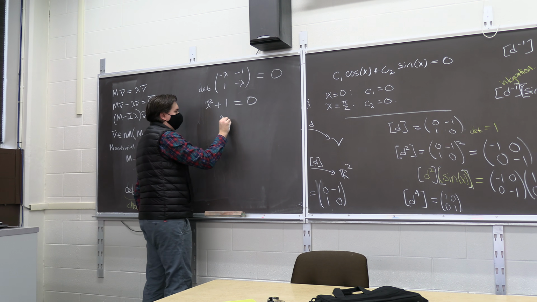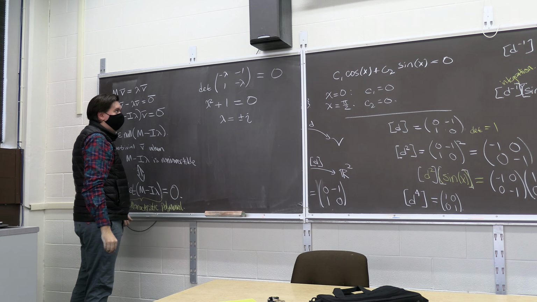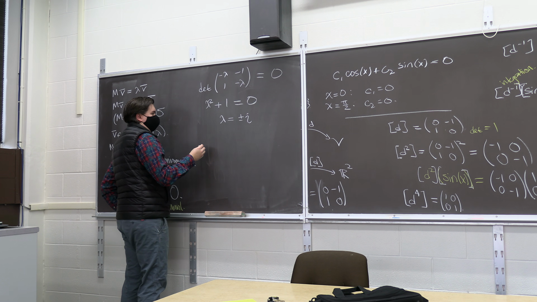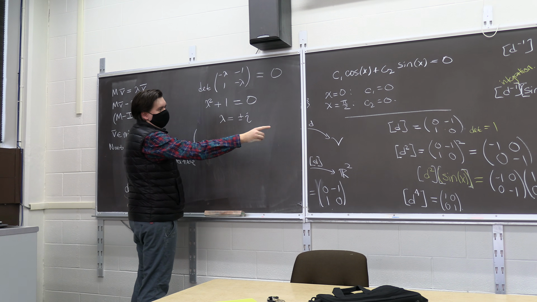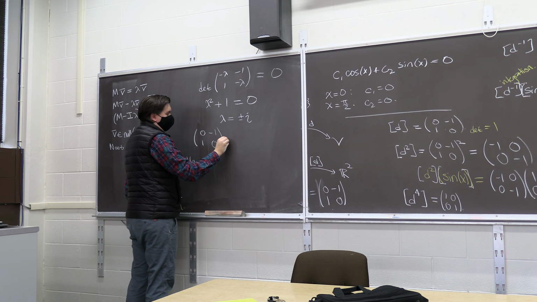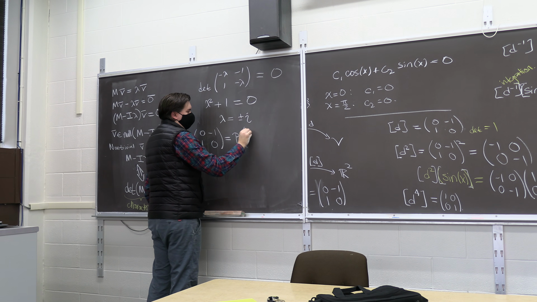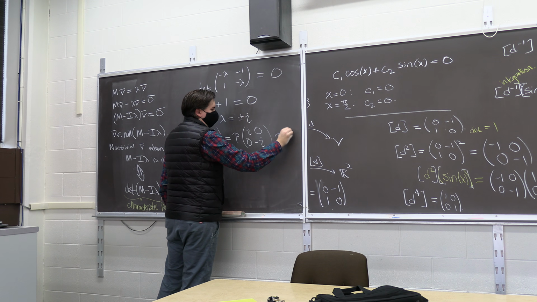Solutions to this are plus or minus i, which means that if you try to diagonalize your guy 0, 1, minus 1, 0, you'll get some guy P times a diagonal matrix with i and minus i, and some guy P inverse.